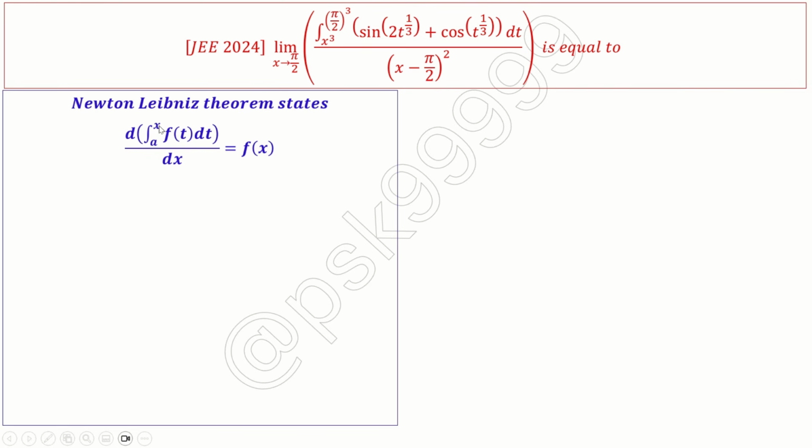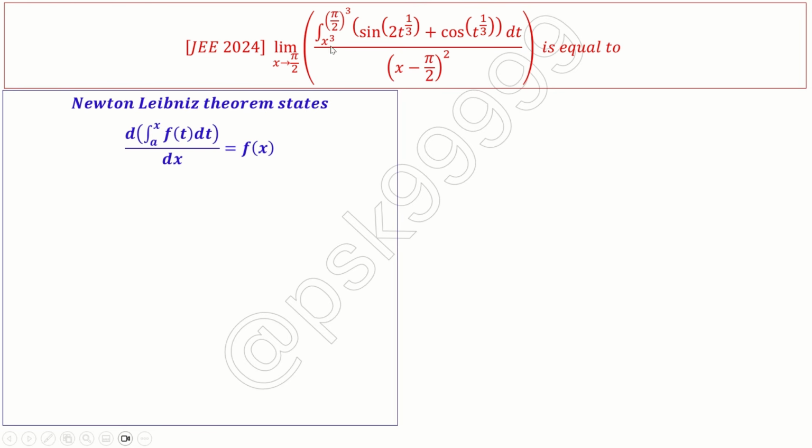So you will apply the limits x and a, so this will become F of x minus F of a. But since we differentiated, the constant term becomes 0, so f of x is left. So you ignore the constant, and if it is reversed, from x to a, then it will become minus f of x. So hope you understand the simple Newton-Leibniz theorem.